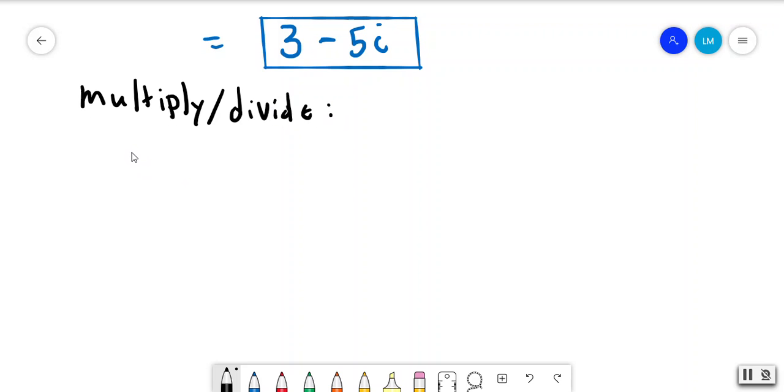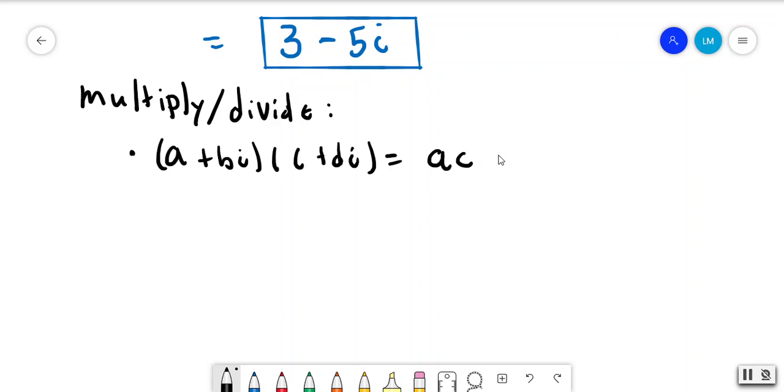If you multiply a plus b i by c plus d i, you have this complicated formula: a times c is ac, plus ad i, plus bc i, and then plus bd i squared.